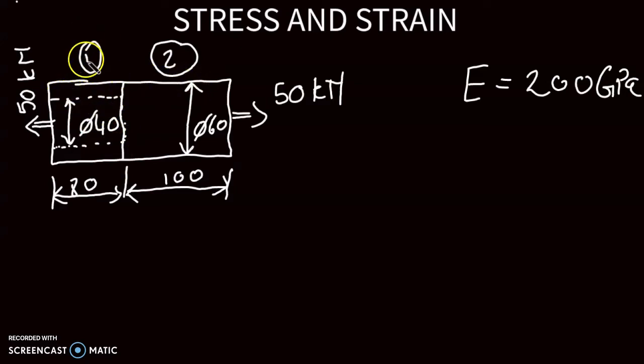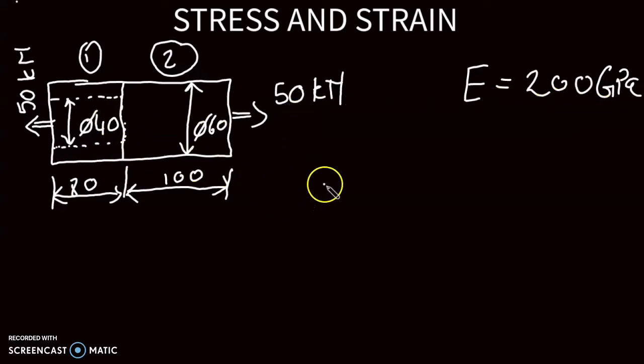So we have this one, we're going to name it number 1, and we have this one, we're going to name it number 2. The length of number 1 is 80, the length of number 2 is 100. The force is the same, and we are given the Young's modulus as 200 gigapascal.